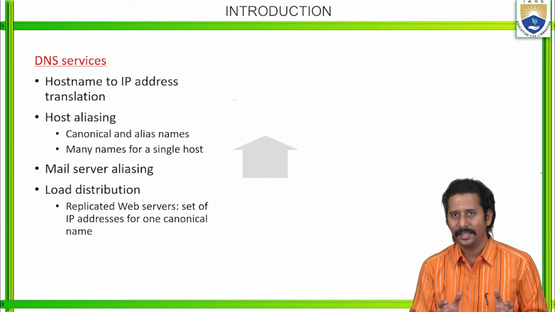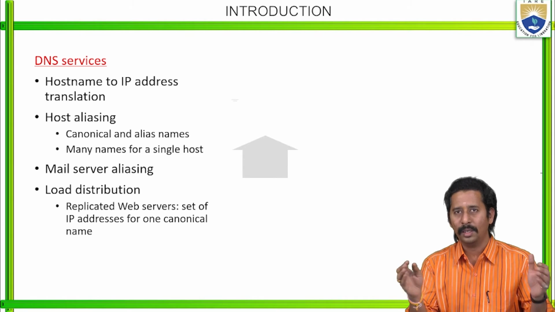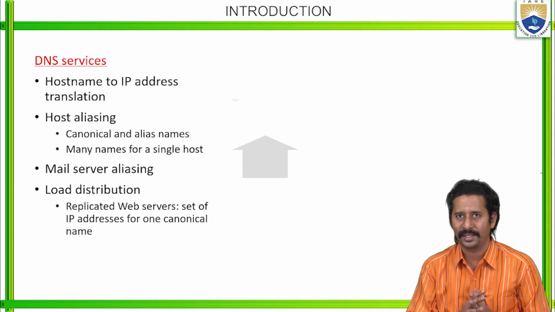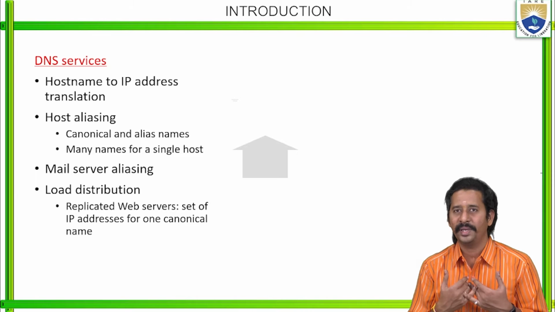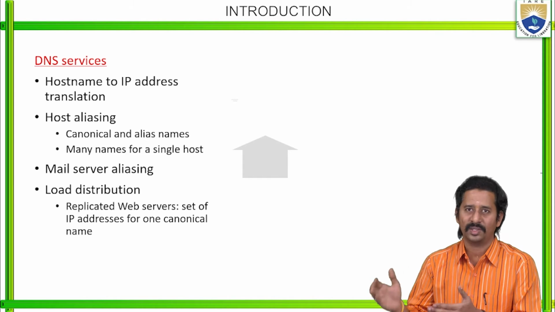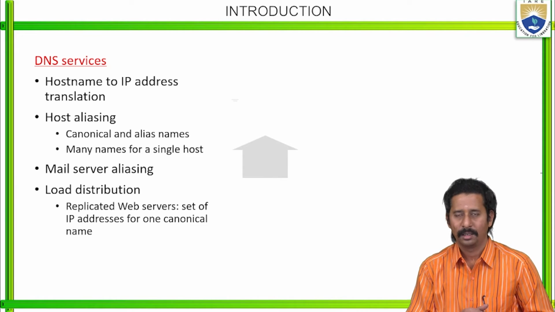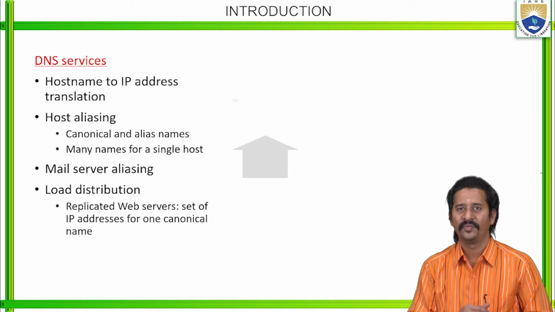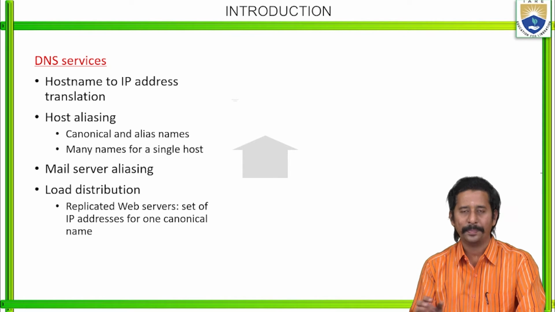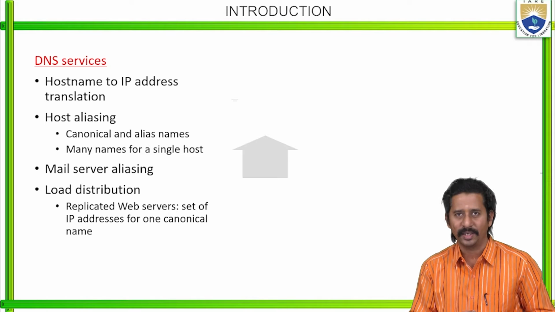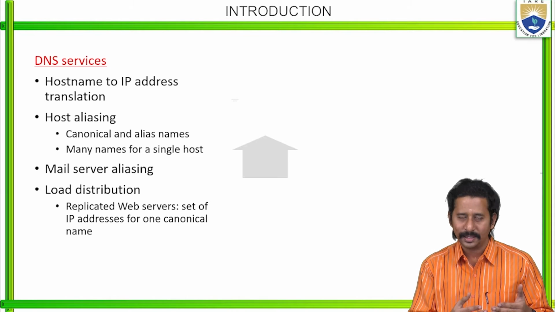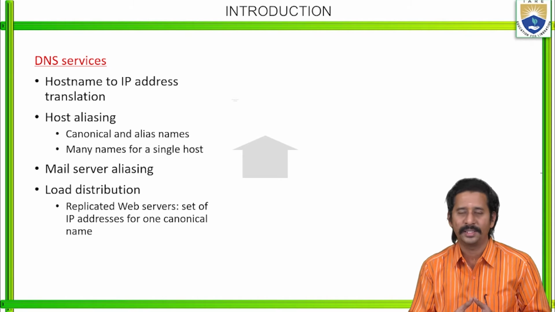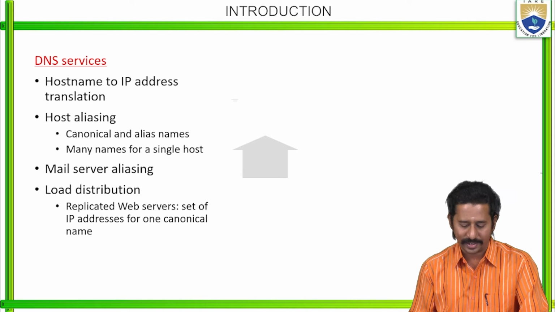DNS stores all the domain names with respect to IP addresses. As human beings, we don't know the IP address of each and every server. We just type iare.ac.in directly, but DNS accesses iare.ac.in with the help of the IP address.